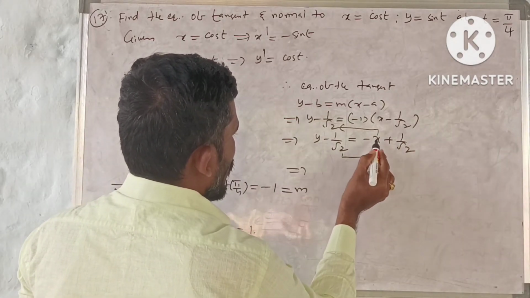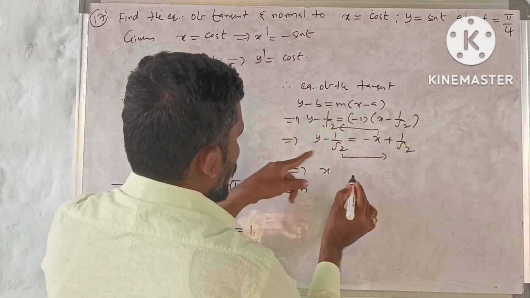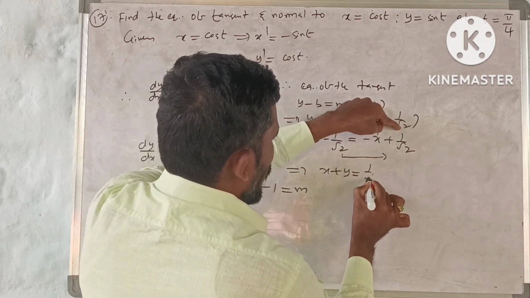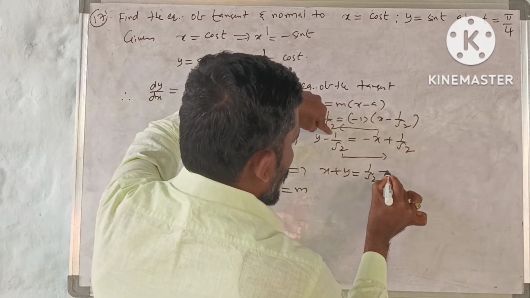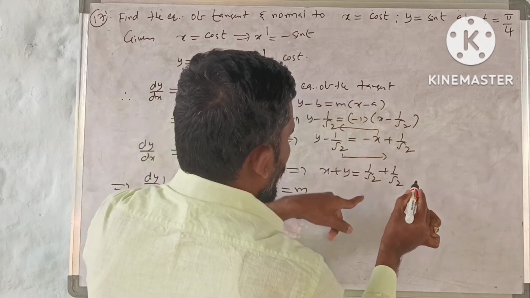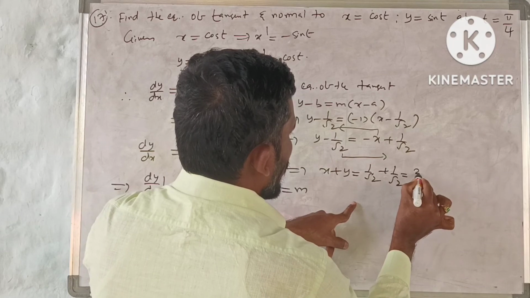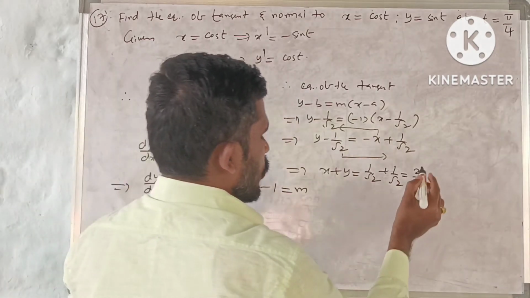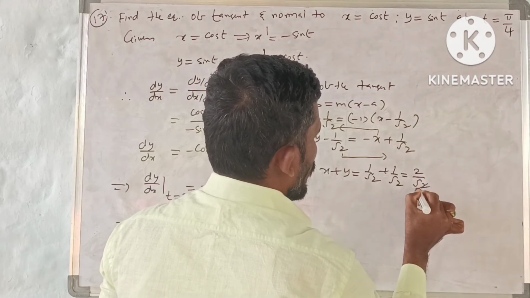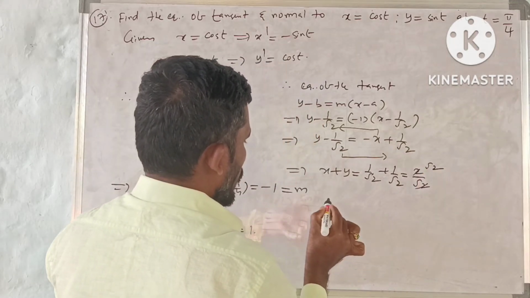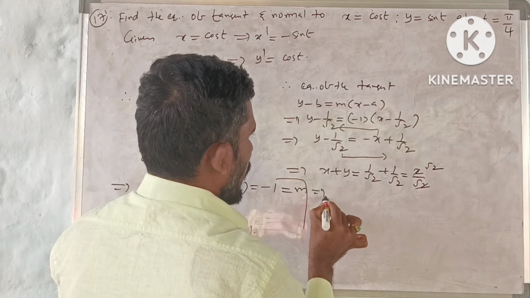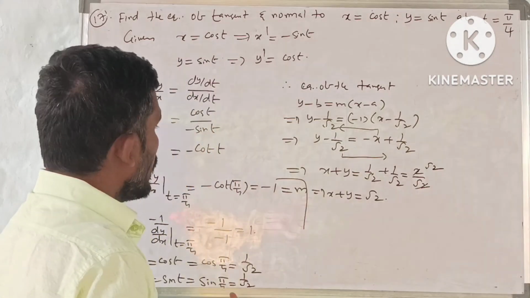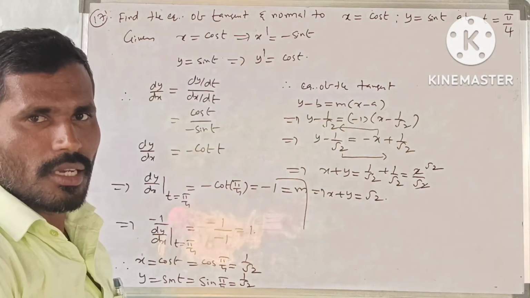Then what we get here is x plus y, and here we already have the 1 by root 2, and when I take it to the right side, 1 by root 2. So 1 by root 2, 1 by root 2, we get 2 by root 2, because root 2 is the LCM. So 2 by root 2, when I cancel, we will get root 2 only. So x plus y equal to root 2 is the equation of the tangent.